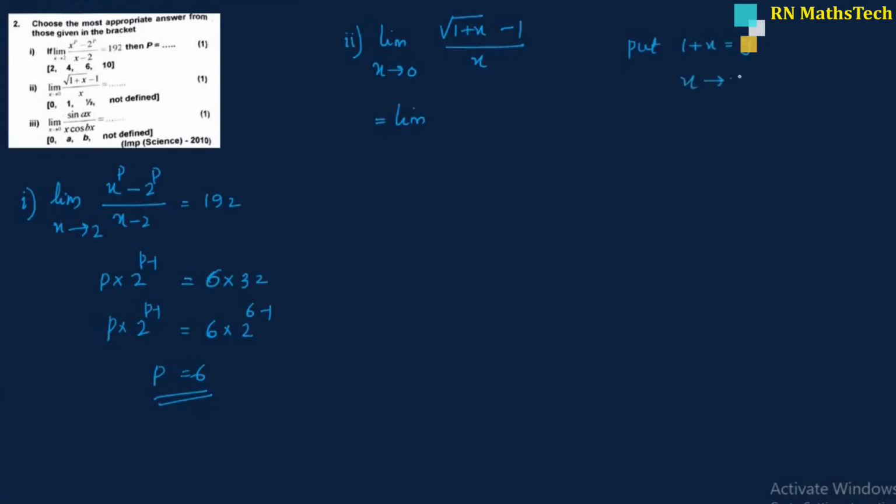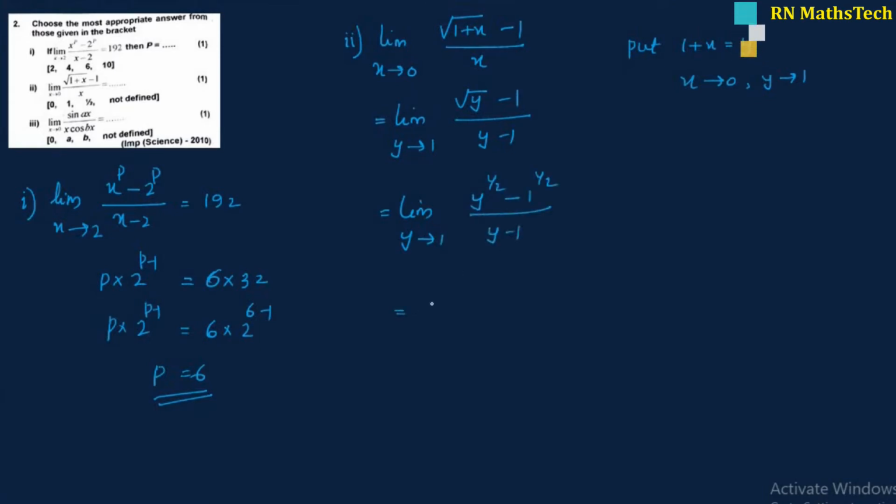So when x tends to 0, y tends to 1. So this is y tends to 1 root y minus 1 divided by x. From this equation, x is equal to y minus 1. That is limit y tends to 1 of y raised to half minus 1 raised to half by y minus 1.